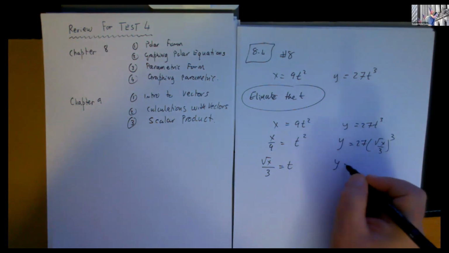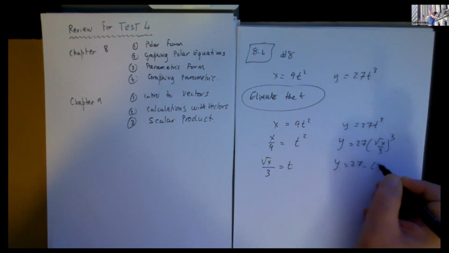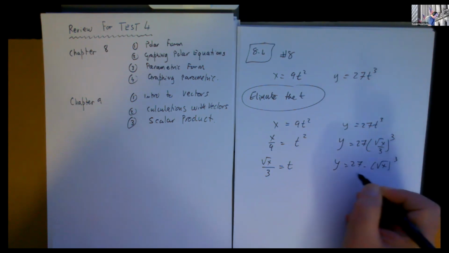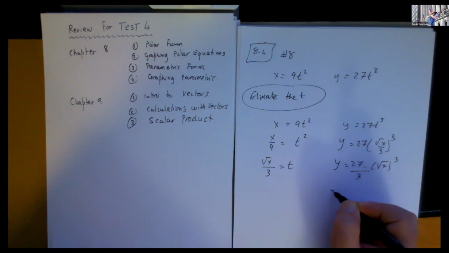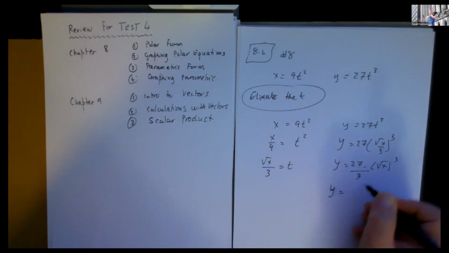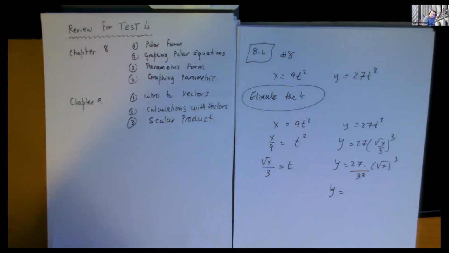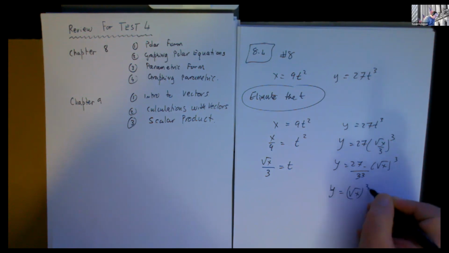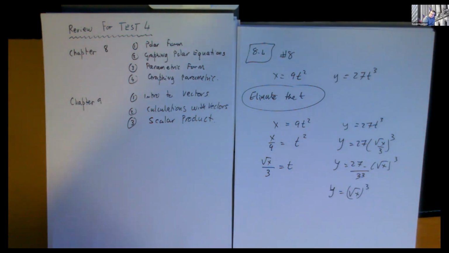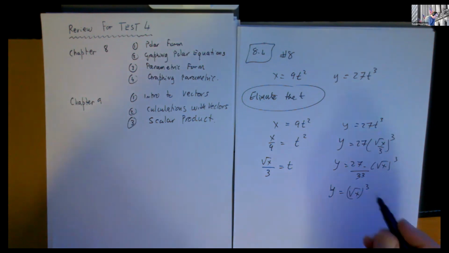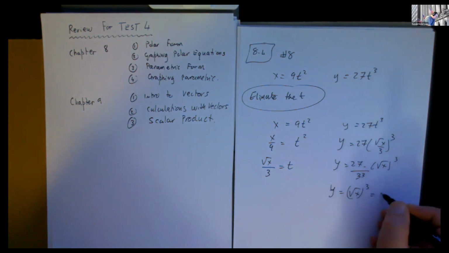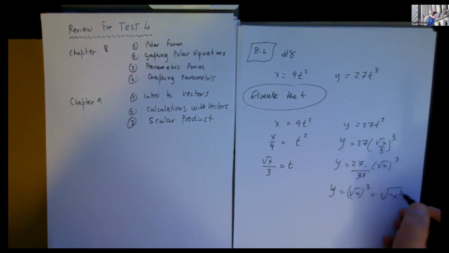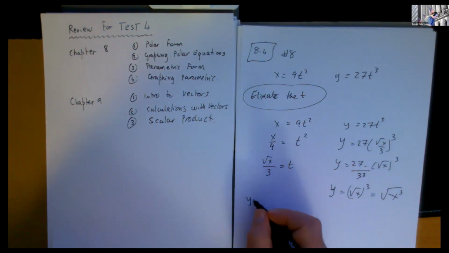So I get 27 times the square root of x cubed, all divided by 3 cubed. You know 3 cubed is 27, 3 times 3 times 3. So what do I get? I get the square root of x cubed. Now you can write that as the square root of x cubed, and that is one of the correct answers.